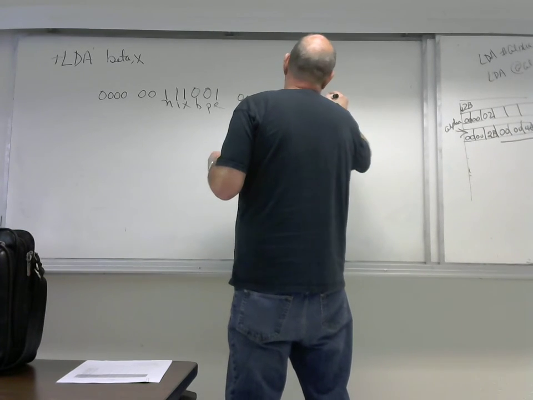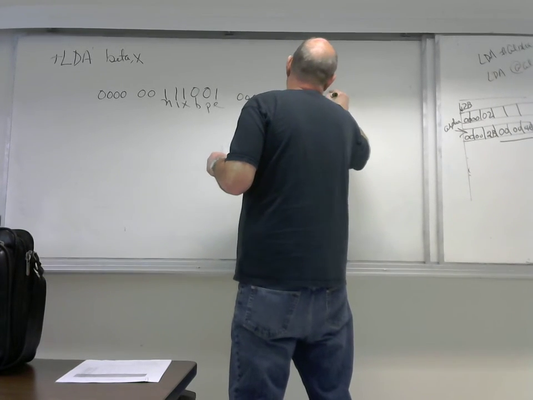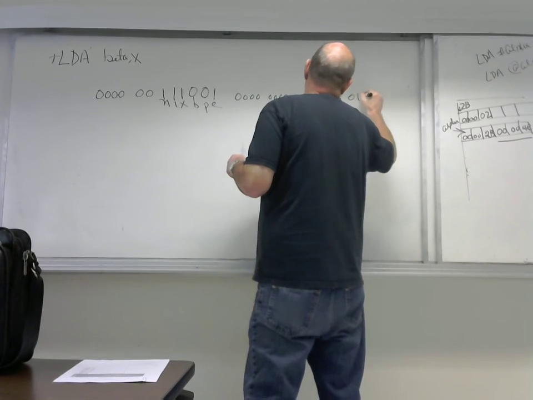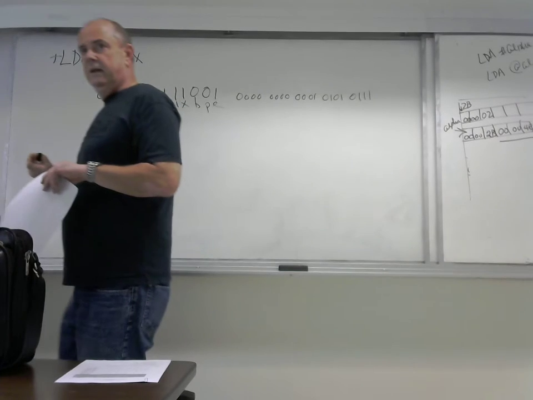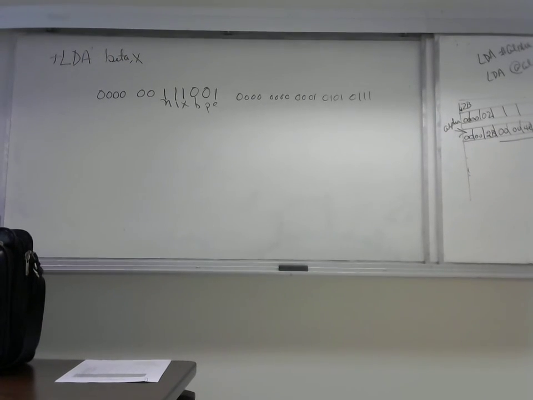0, 0, 0, 1, 5, 7, 1, 2, 3, 4, 5 digits. So 20 bits, 4 times 5 is 20. 4 bits each, 5 letters or numbers.